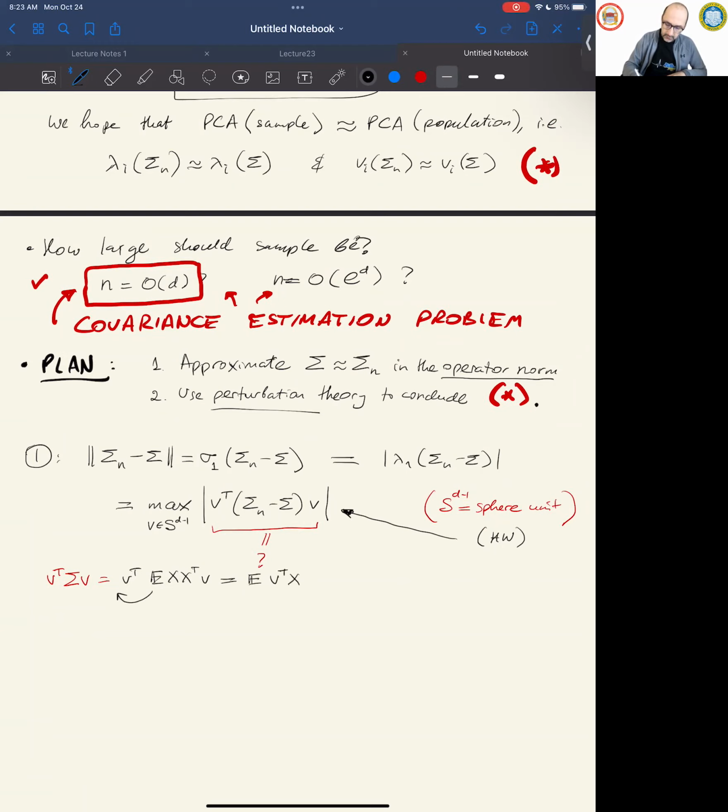V transpose x, x transpose v, and I'm grouping them like this. Both of these factors are inner products, by definition, <v, x> and <x, v>. And so we get the expected value of <x, v> squared.